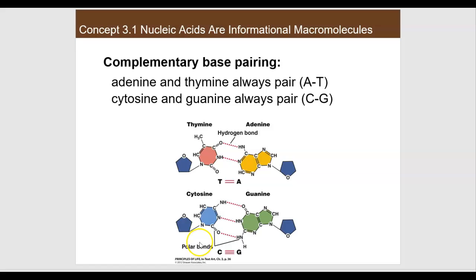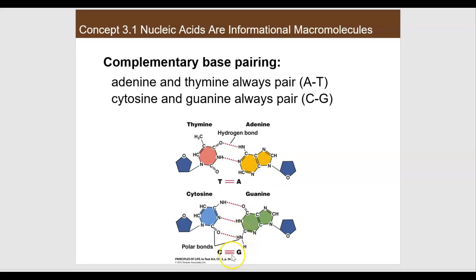So if this was one strand on this side, and remember, it's double-stranded, so there'd be another strand of DNA on this side. Wherever you have thymine, it's going to bond to adenine. No matter which side it's on, it's always going to be A's to T's or T's to A's with a double hydrogen bond. Cytosine is always going to bond to guanine, and there will be a triple hydrogen bond.